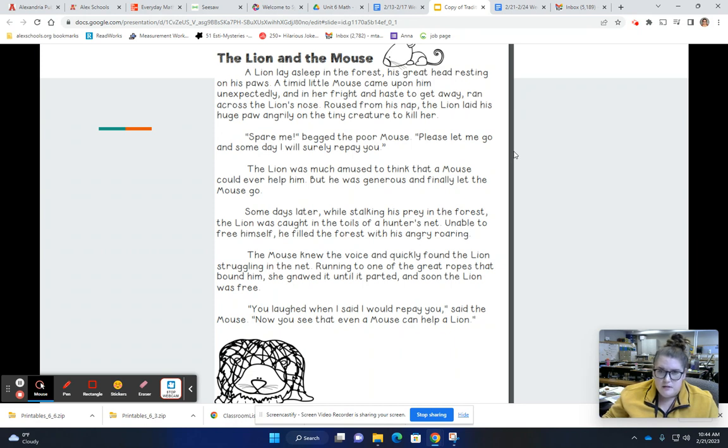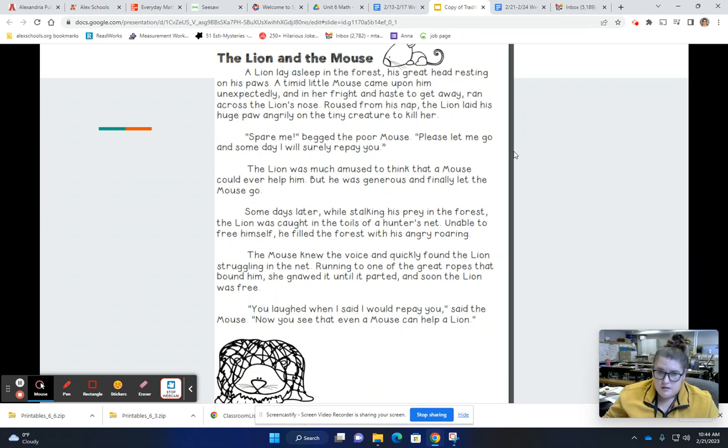Roused from his nap, the lion laid his huge paw angrily on the tiny creature to kill her. "Spare me," begged the poor mouse. "Please let me go, and some day I will surely repay you." The lion was much amused to think that a mouse could ever help him, but he was generous and finally let the mouse go.